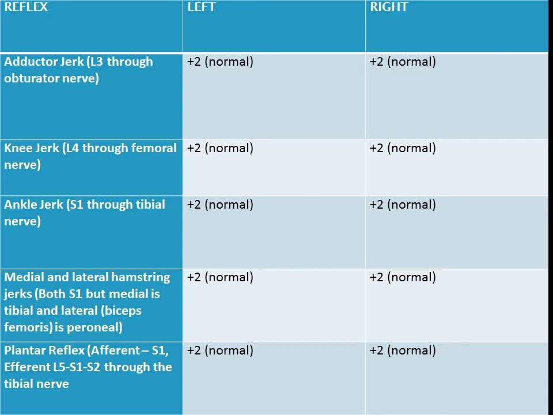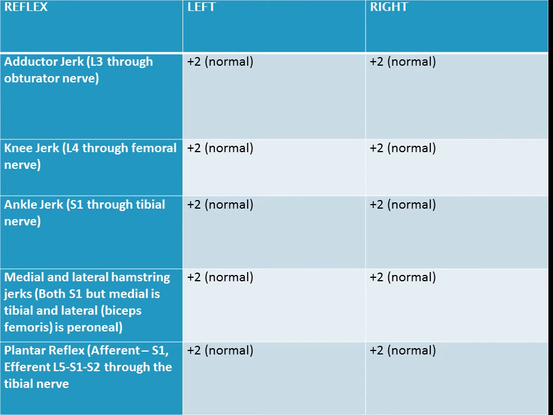So some significant reflexes that are involved with the lower extremity, in addition to the knee jerk and the ankle jerk, include the adductor jerk, which is exclusively an L3 reflex.